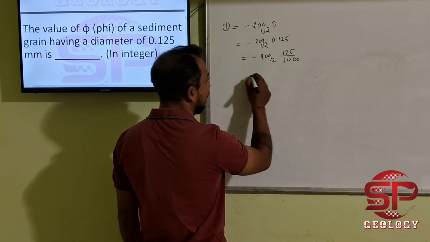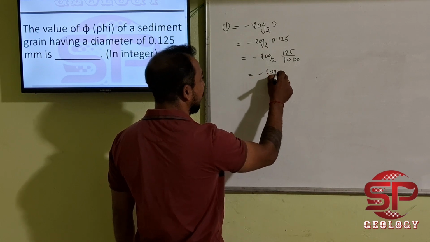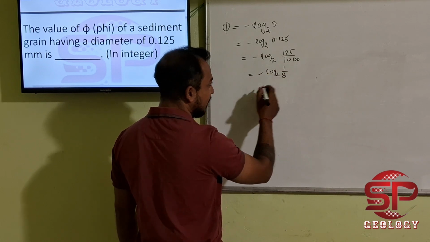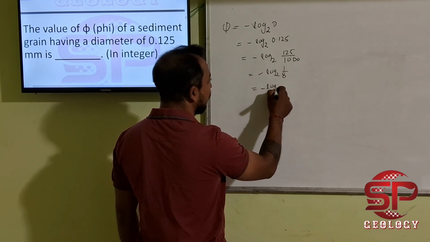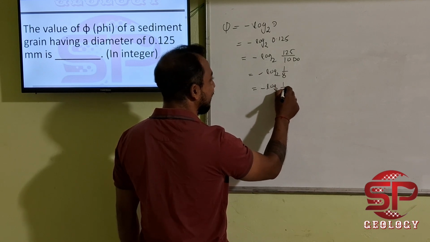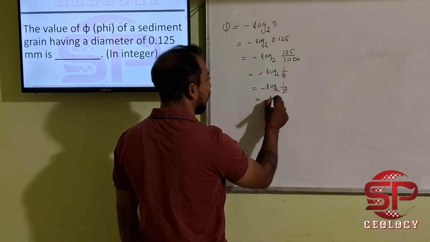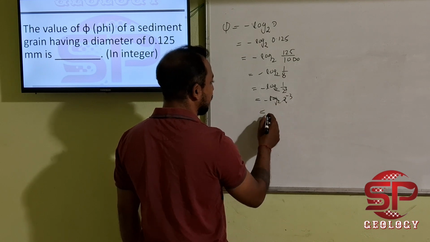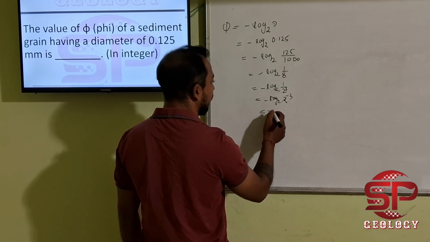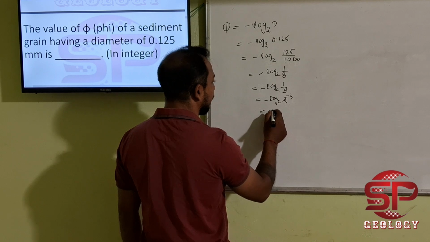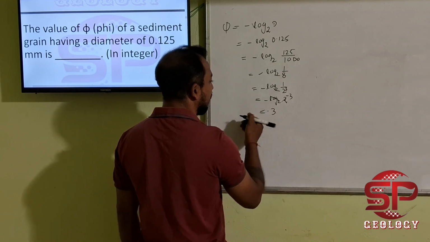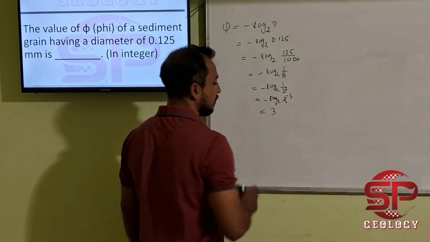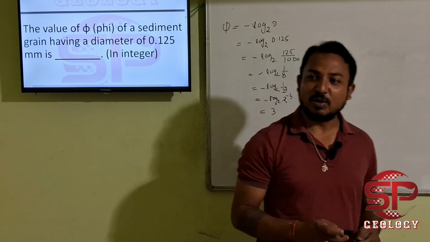So minus log 2 of 1 by 8 equals minus log 2 of 1 by 2 to the power 3, which is minus log 2 of 2 to the power minus 3. Log 2 base 2 will be cancelled, minus 3 becomes plus 3. So the answer will be 3. The simpler way to do it.